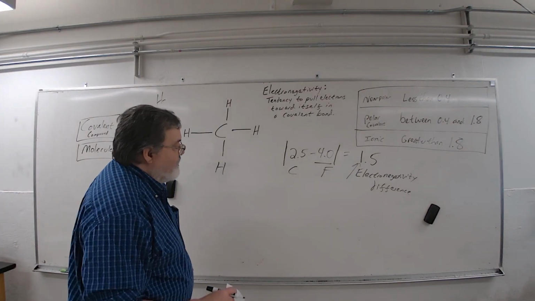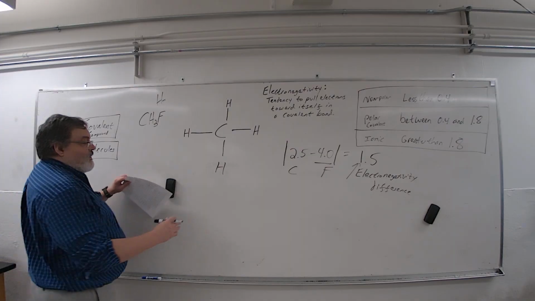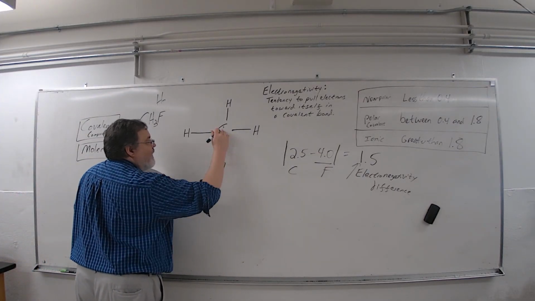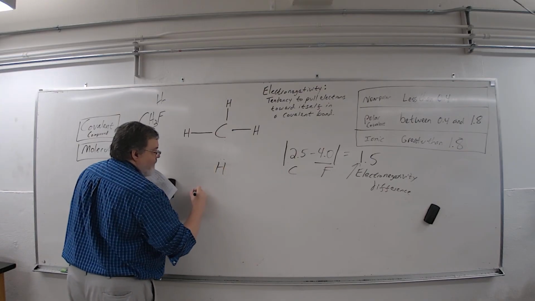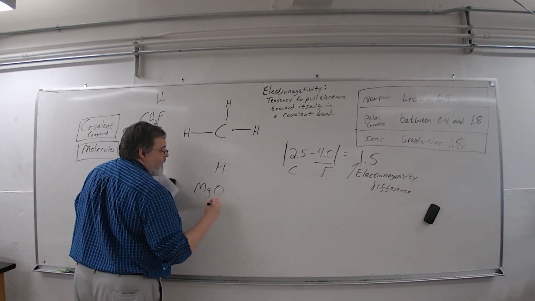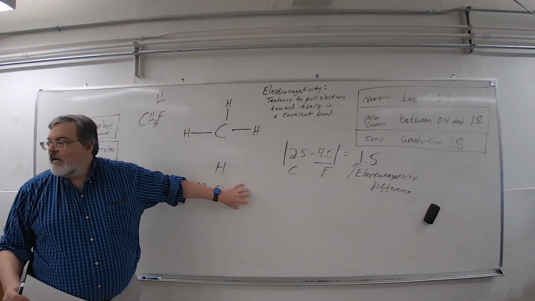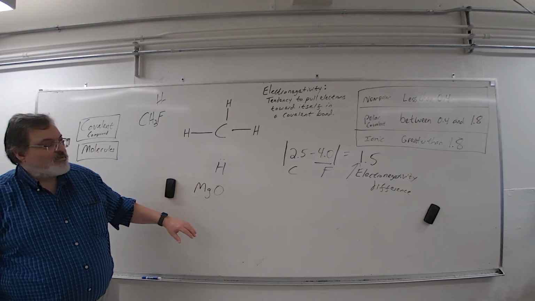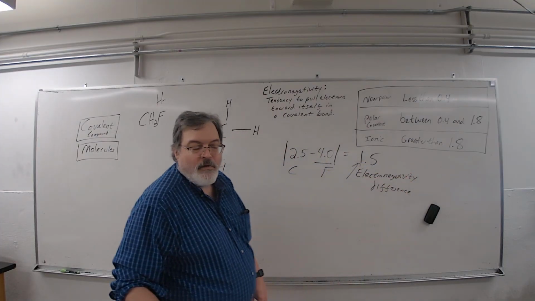If it's above 1.8, you're probably looking at an ionic compound, meaning the electrons are pretty much all over here, and this one's completely deficient of those electrons. That's when you have, like, MgO. Oxygen has pretty much taken the electrons, and the magnesium has pretty much lost the electrons. So you have an extremely strong ionic bond there.